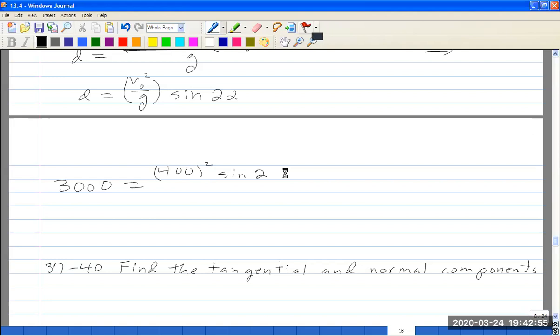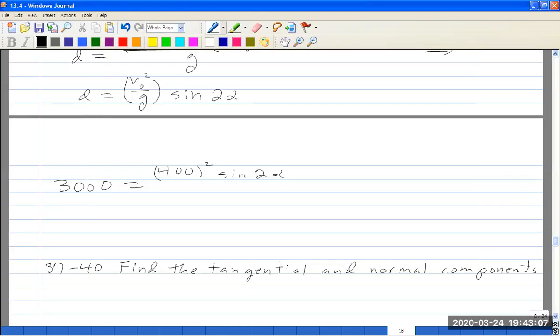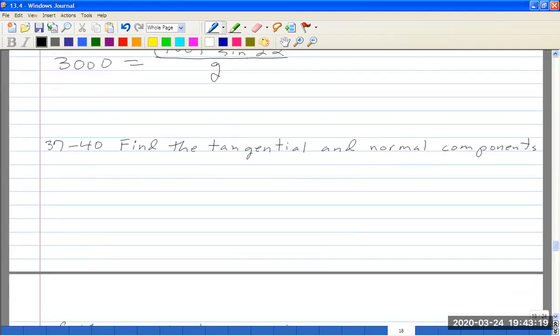Oh, will you please stop? Okay, get me back control of my computer. Okay, all divided by g, which is approximately 9.8. But let's not use that yet.